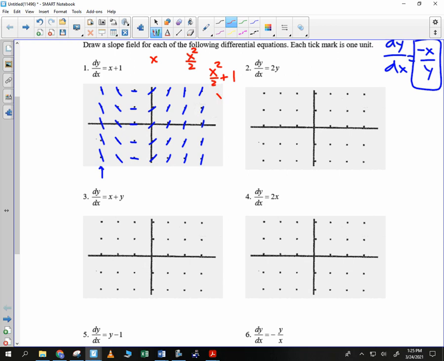Do you also agree that the derivative of x squared over 2 plus 5 is also x? That any constant there would satisfy it, right? So what that means is if you were to take the antiderivative of x plus 1, you would get x squared over 2 plus x, correct? Plus some constant.